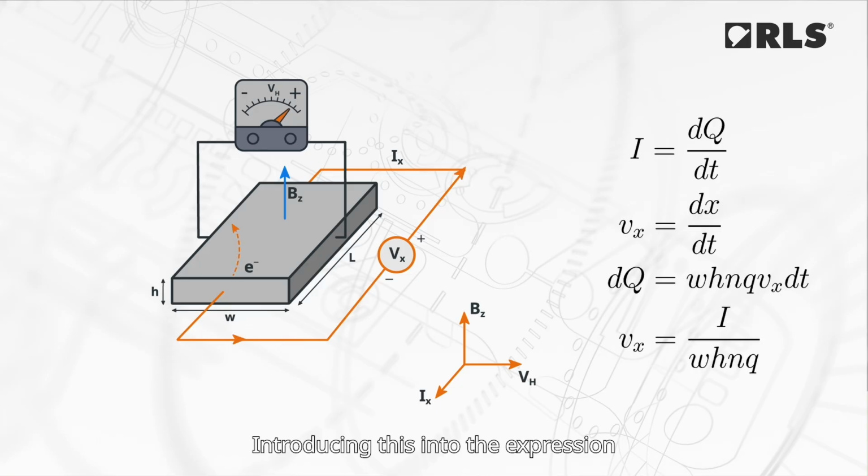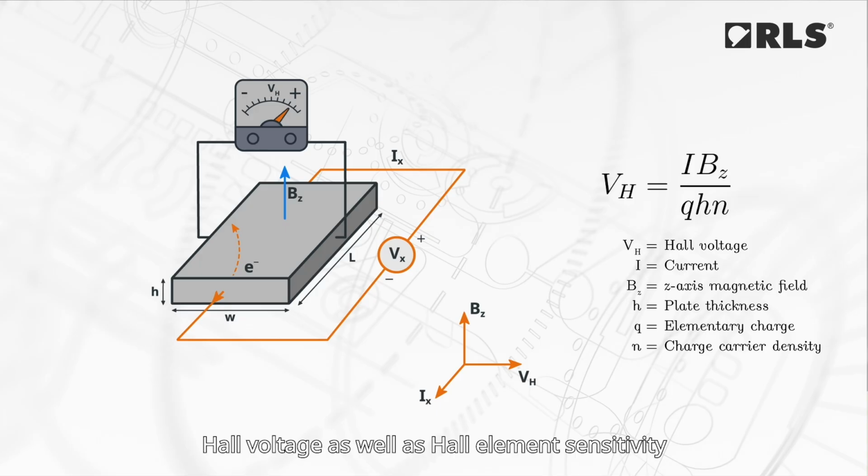Introducing this into the expression for Hall voltage, we get Hall voltage as well as Hall element sensitivity is therefore dependent on current, magnetic field, sensor element thickness and charge concentration within the plate.